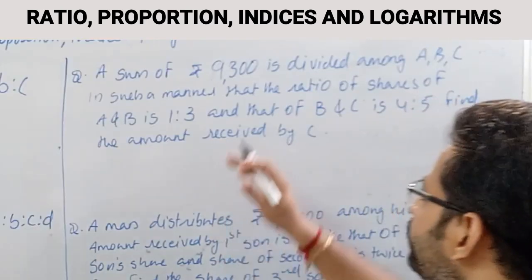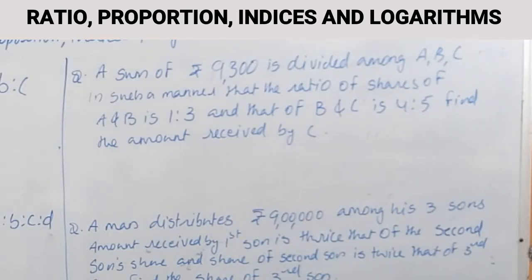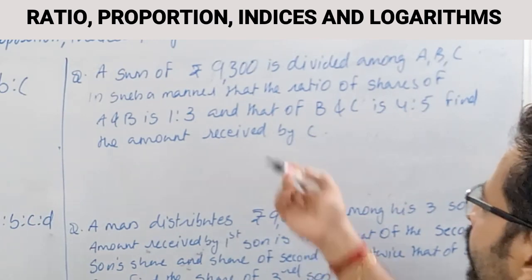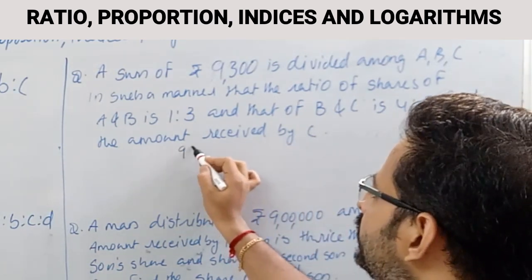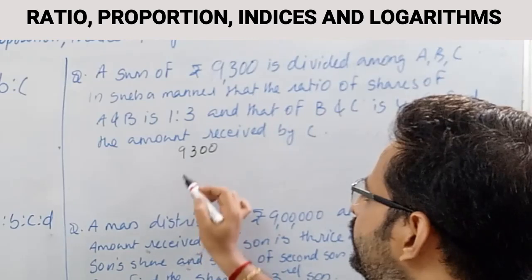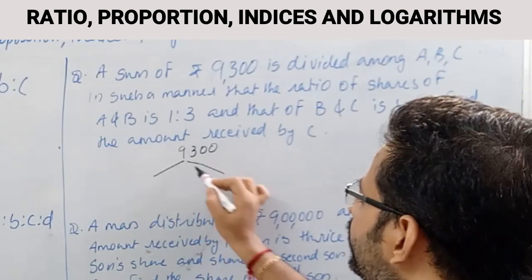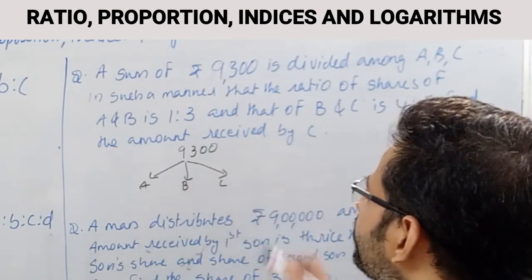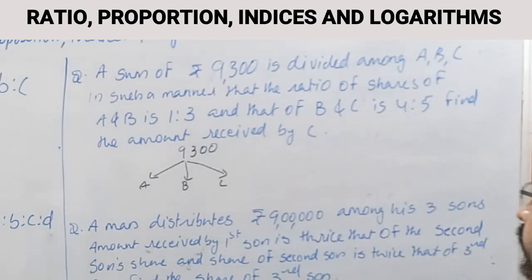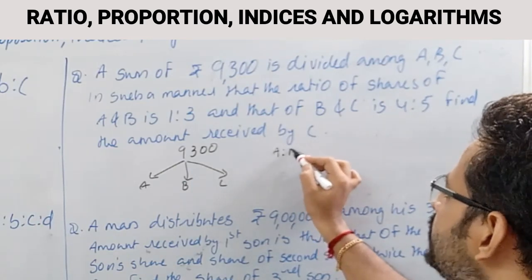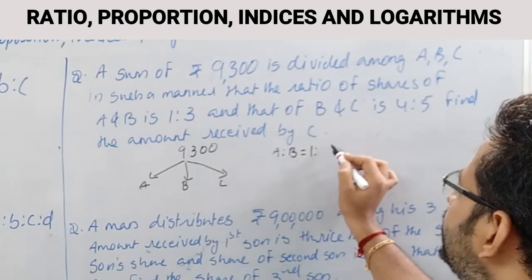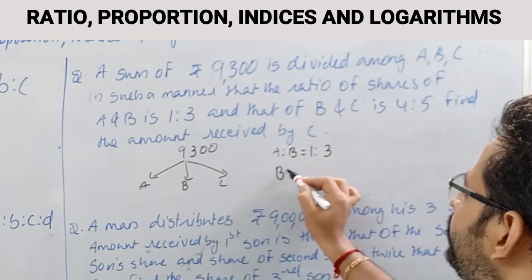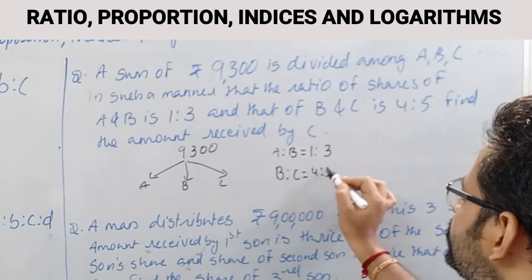Then next question. A sum of rupees 9,300 is divided among A, B, C in such a manner that the ratio of A and B, that means A is to B equal to 1 is to 3, and the ratio of B and C, B is to C equal to 4 is to 5.